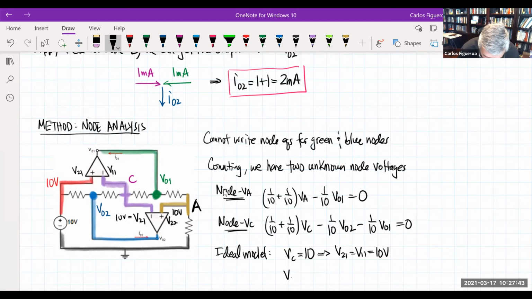Because V21 has to be the same as V22, if one of them is 10, that tells me immediately that VA has to be 10 volts.